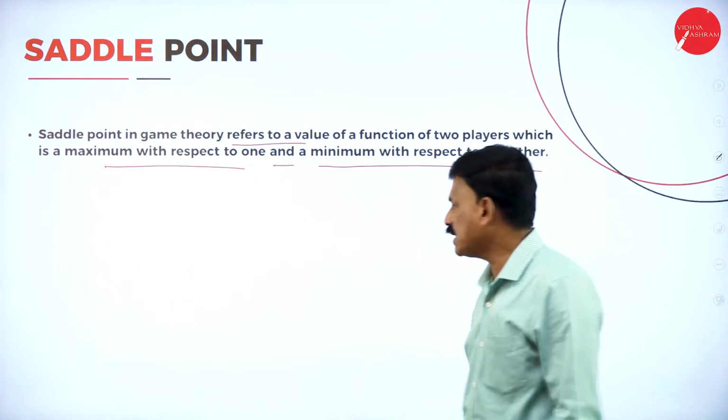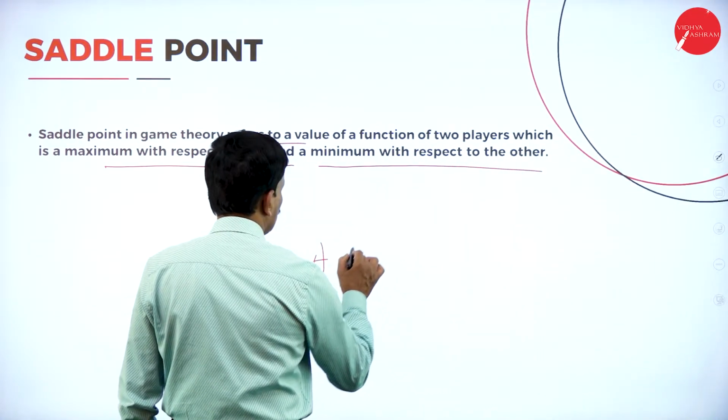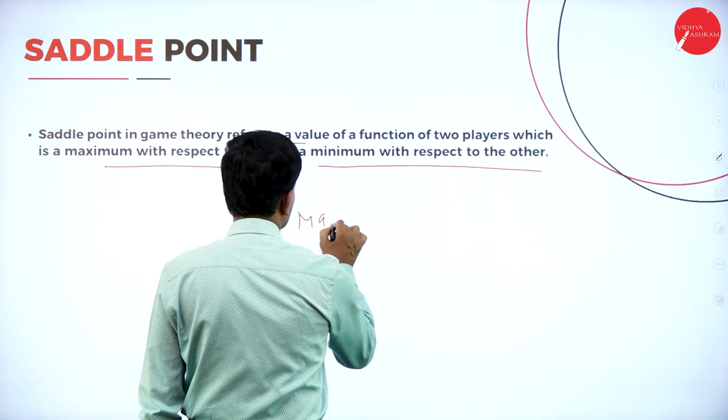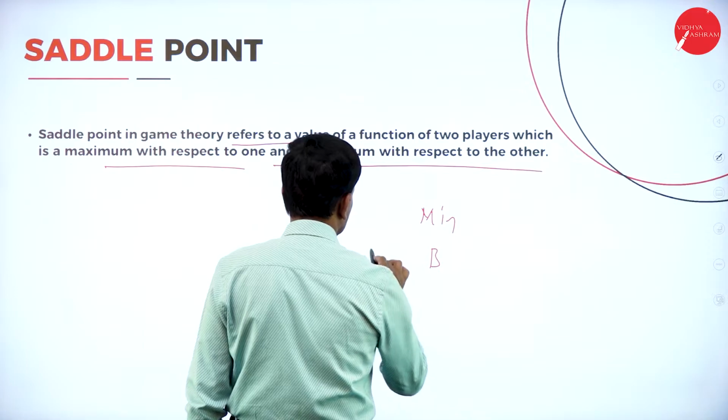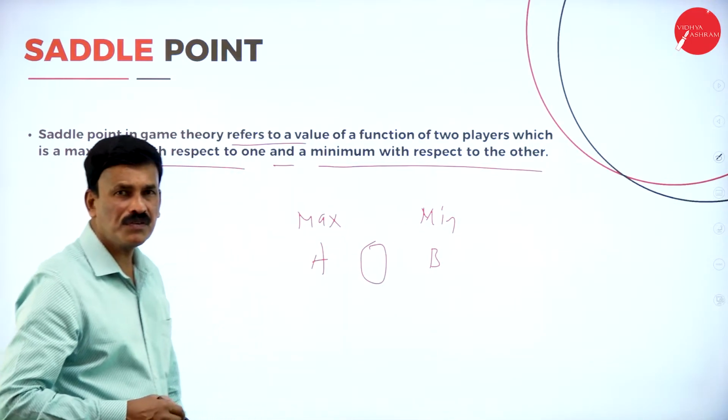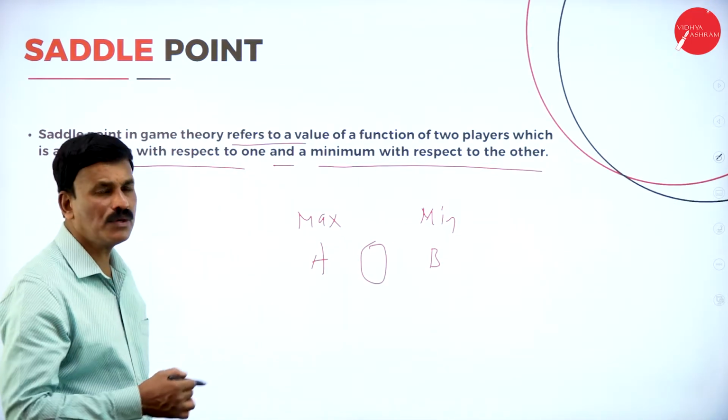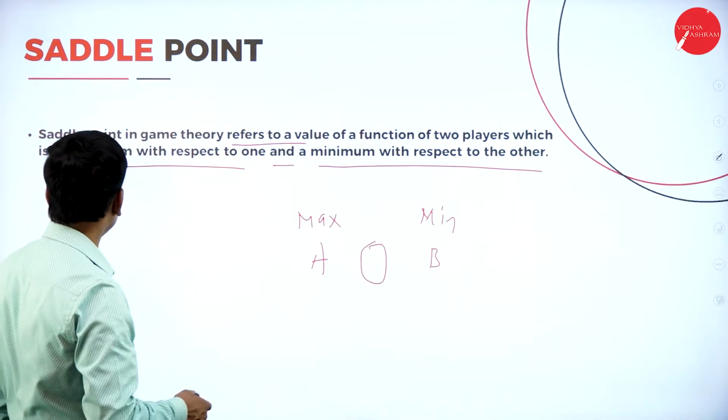So if it is maximum with respect to A and minimum with respect to B, the point of intersection between the maximum and minimum of A and B is called the saddle point.